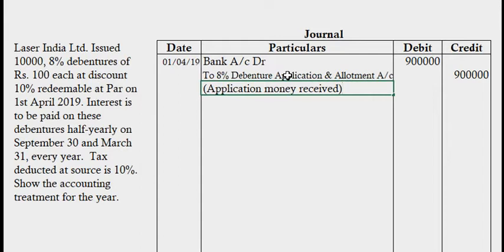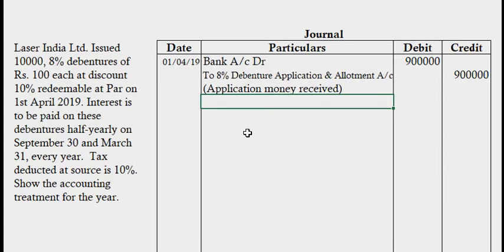Then next our case is allotment of these debentures. Just like we transfer share application money to the share capital account, we need to transfer this debenture application and allotment money to the debenture account. So our next case is 10,000 8% debentures of rupees 100 each at a discount of 10% redeemable at par.